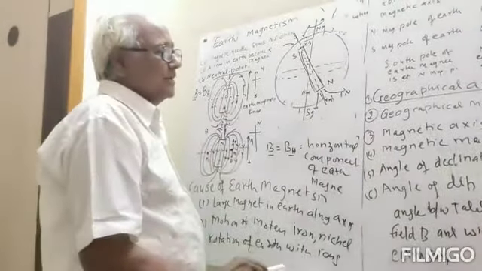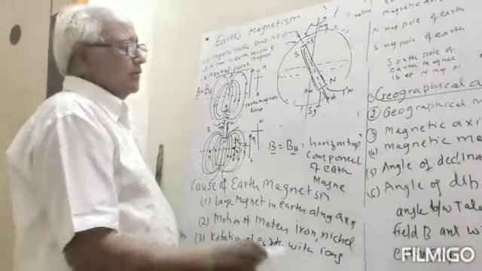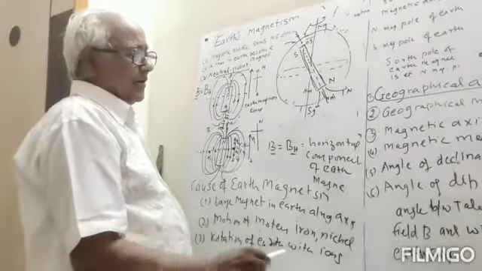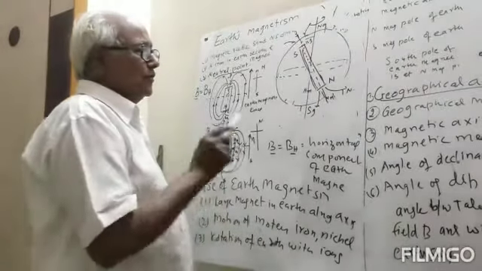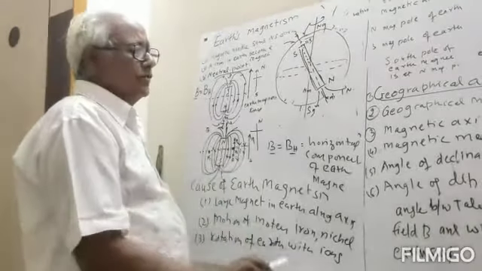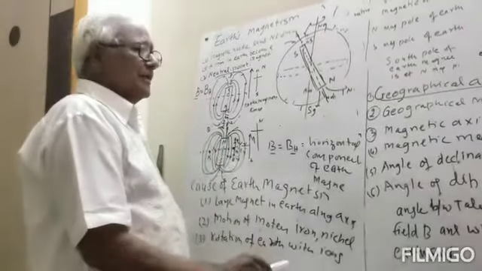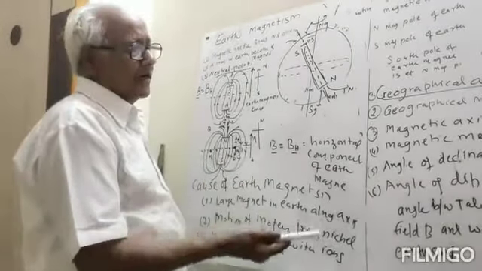Now at high temperature, the atoms get ionized, so there will be ions and electrons, and the charges will move. And we know that when charge or electrons move, it constitutes a current, and due to current there is a magnetic field.